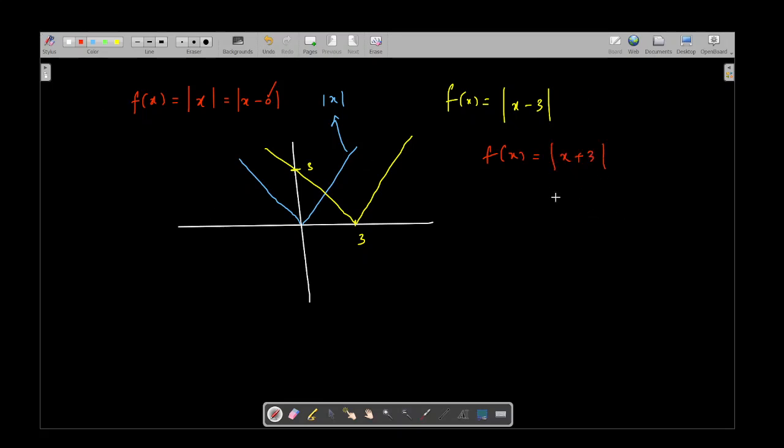Why does it start at minus 3? Just equate it to 0. x plus 3 is equal to 0, so x is equal to minus 3. So at minus 3 it starts, and it will always have a positive value like this. So this is also 3. So this is how you can remember the graph of the modulus function.